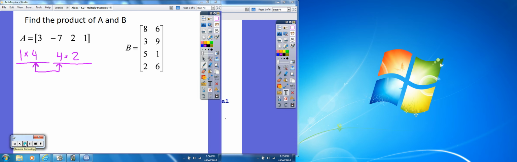Now, these outside 2 numbers tell me the dimensions of my new matrix. Let me repeat that. The outside numbers tell me the dimensions of my new matrix.